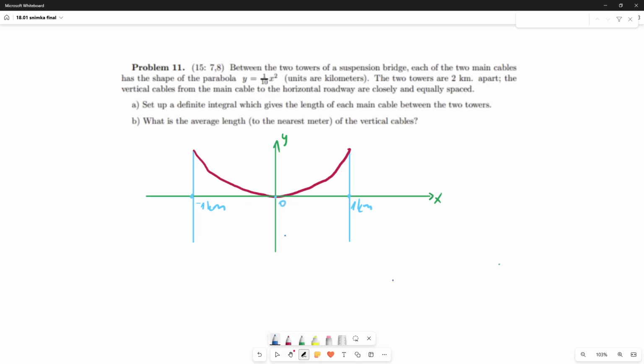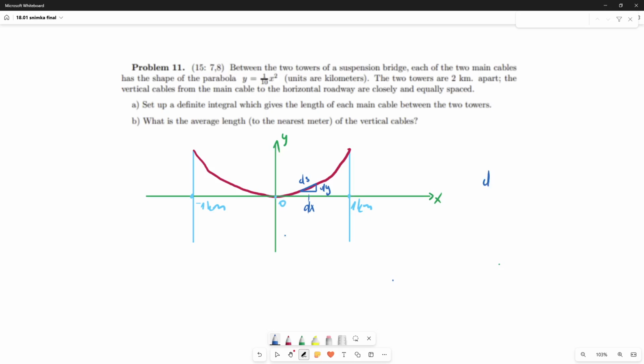Let's take a look at a unit length of the main cable. As we go along the cable, this unit length is ds, and when we go along the cable by ds, we also go in the x direction by dx, and in the y direction we move by dy.